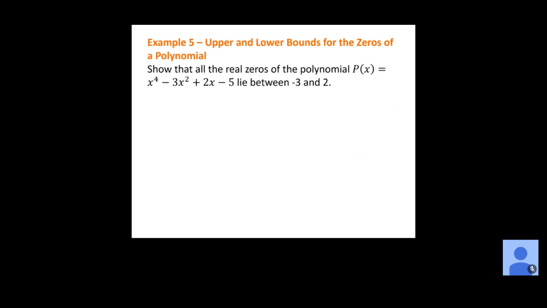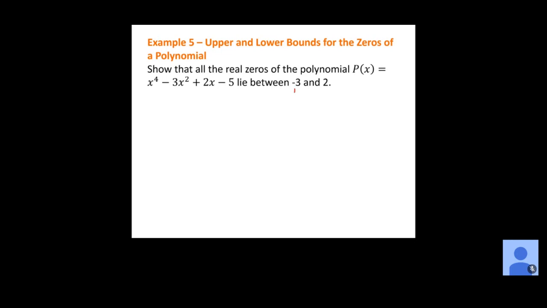Okay, so let's look at how this actually works now. We want to show that all the zeros of this polynomial are somewhere between -3 and +2. So that means we don't want any zeros less than -3, and we don't want any zeros bigger than +2.